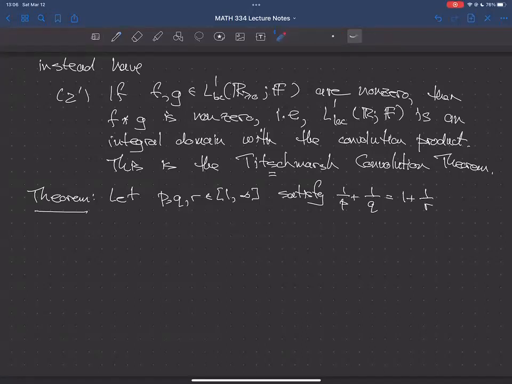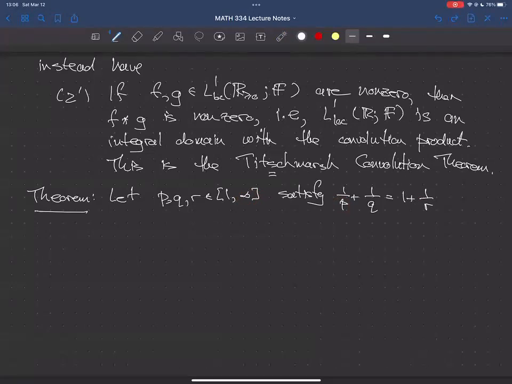If you know a bit of functional analysis in your spare time, you'll be familiar with a condition like that, but it's different here. So given a P, a Q, and an R, and I'm allowing infinity here, so 1 over infinity being 0.